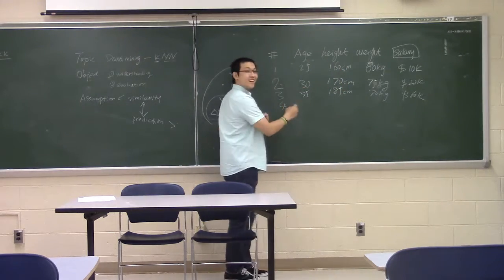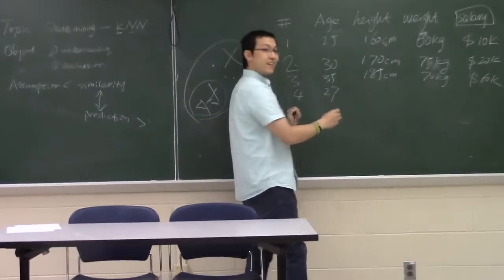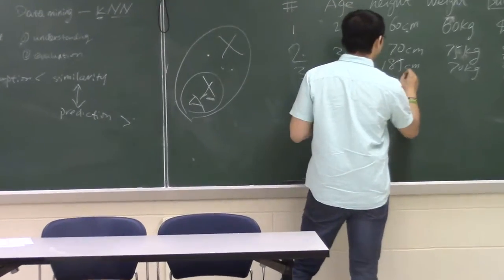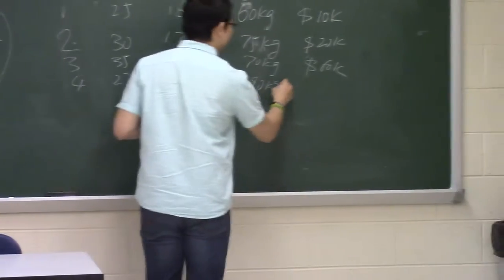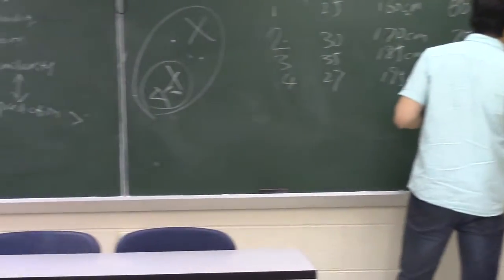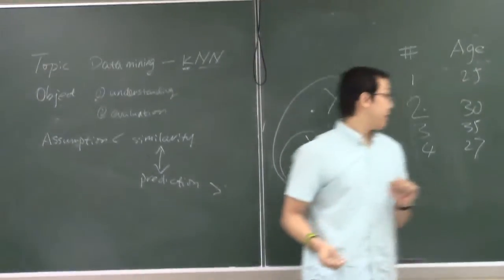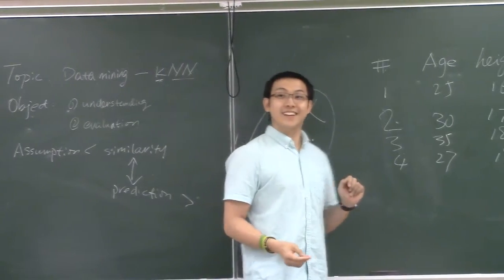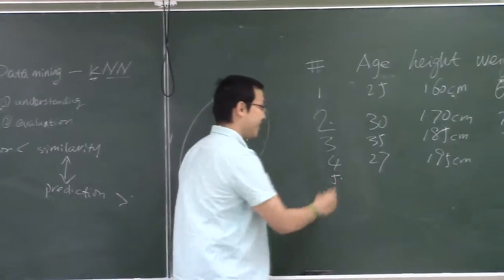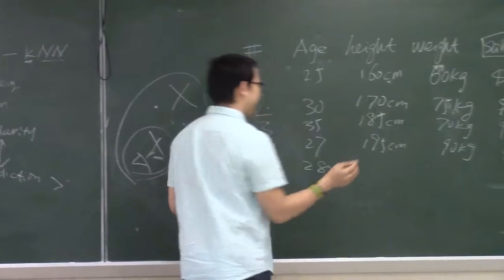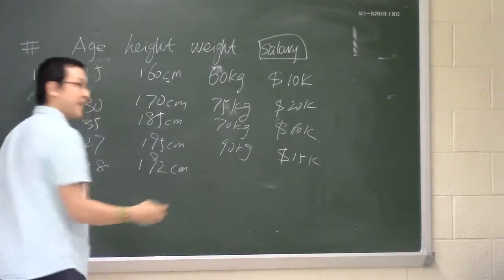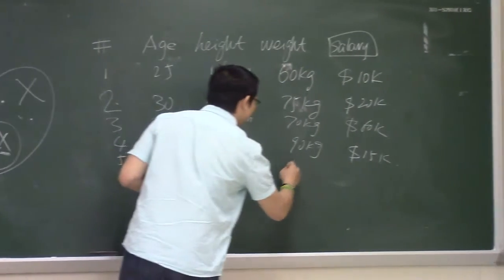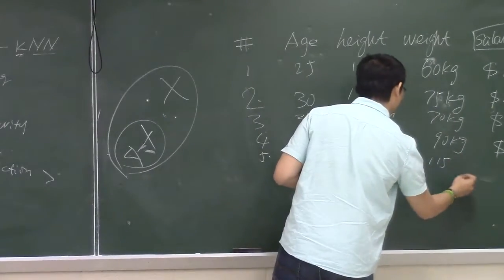Age 27, height 195, 90 kilograms, 15K. Okay, and number 5? 28 years old, 192 centimeters, 115 kilograms, and 30K.